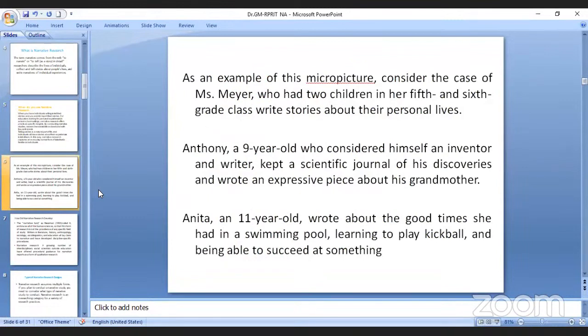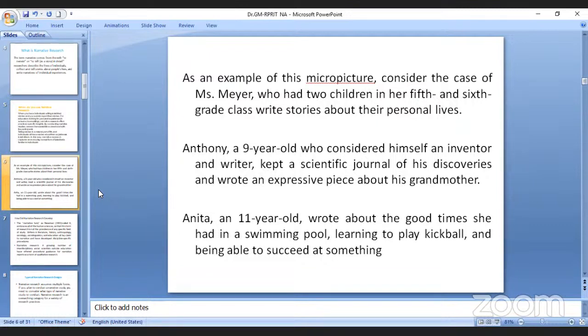An example of this is the case they have given, that of a mayor who had two children in her fifth and sixth grade class write stories about their personal lives. You can ask students of fifth, sixth, and seventh grade to write about their father, mother, and other persons in their lives.